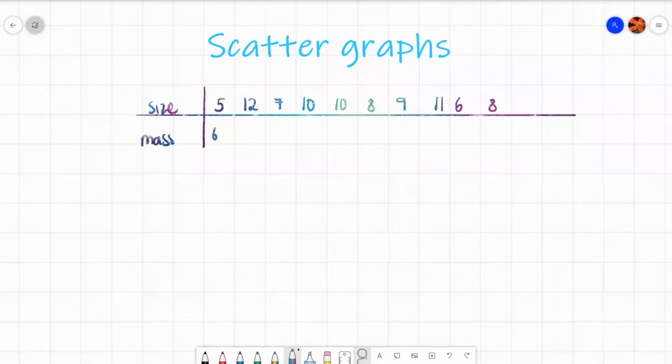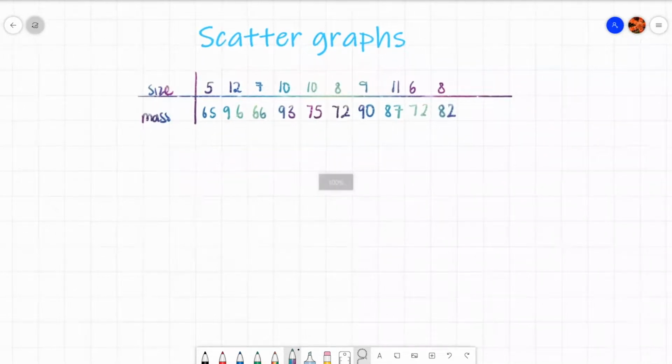We can have 65, 96, 66, 93, 75, 72, let's say this one here is 90, shoe size 11, I'm going to say 87, 6 is 72, and this one here is 82. Okay, we have to plot this on a scatter graph.